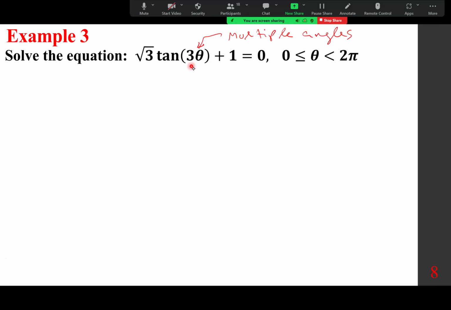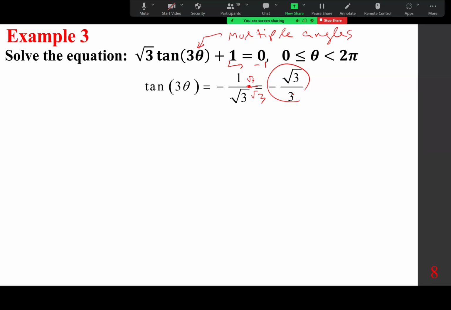First and foremost, you solve as though it's tan of x, which means you are moving this one, and then you're dividing by square root of 3. And if you rationalize, you recognize this as the answer.